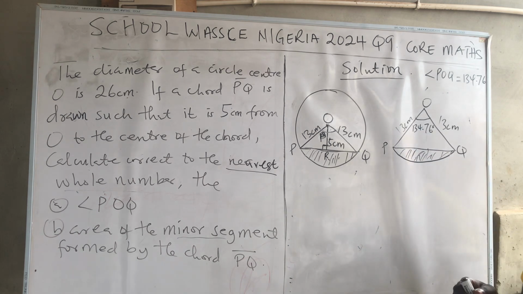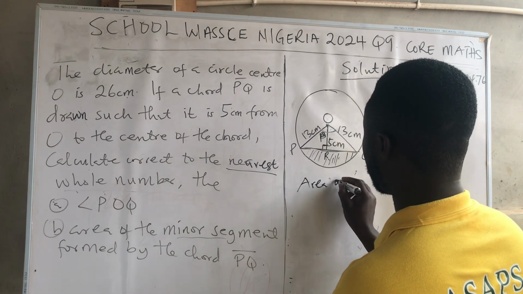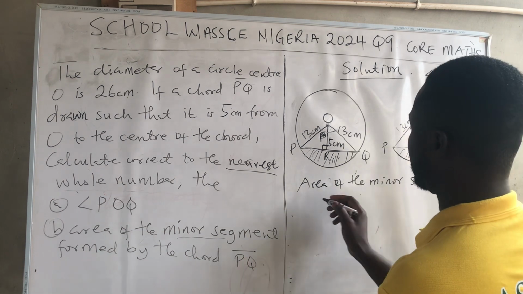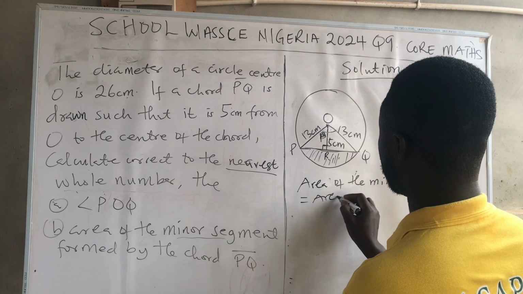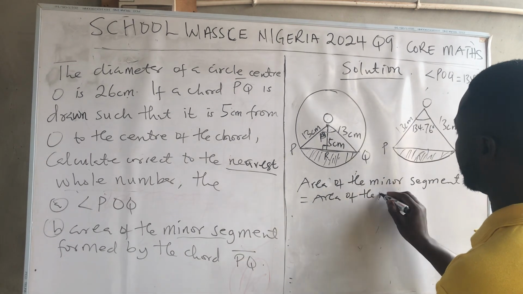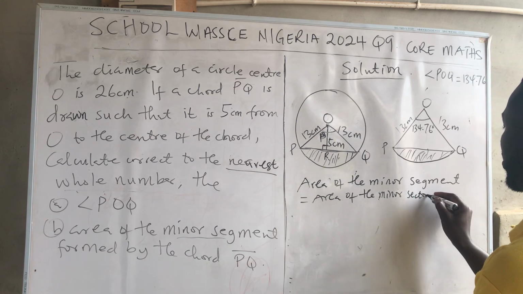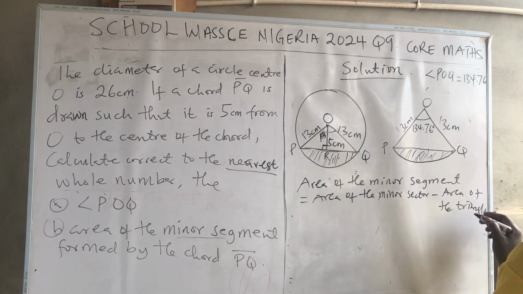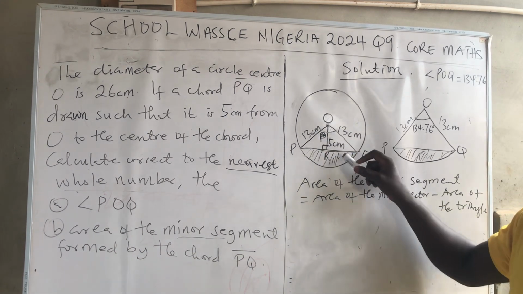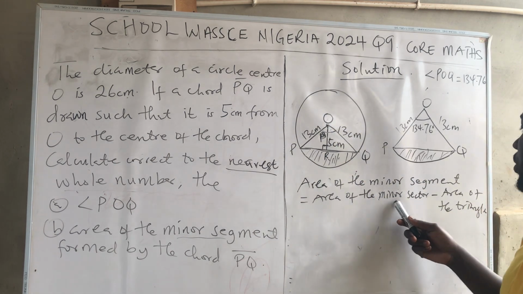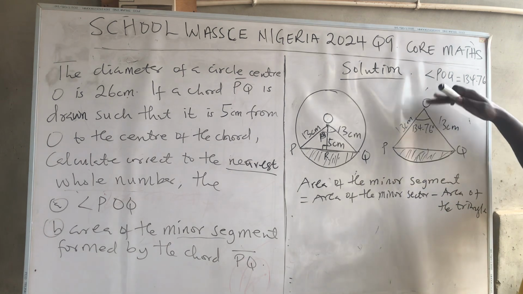So the area of the minor segment is equal to the area of the minor sector minus the area of the triangle. The upper part here becomes the major sector.